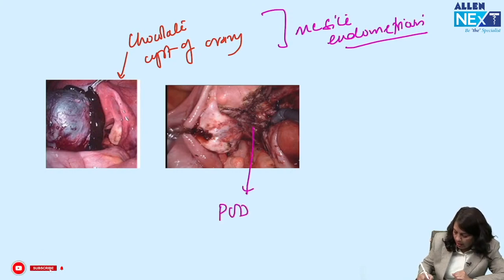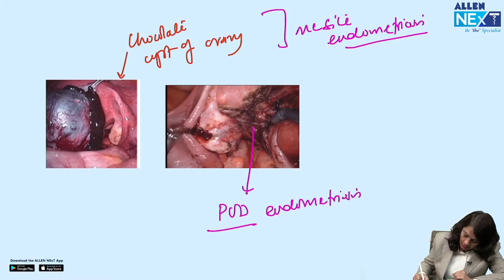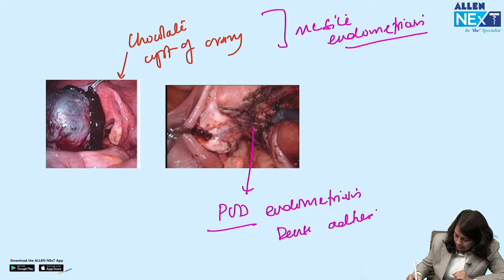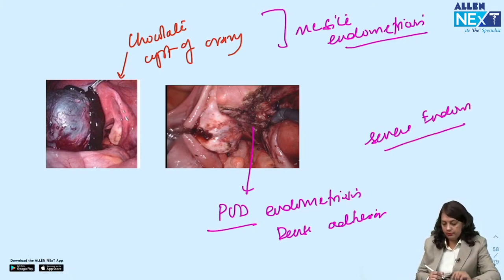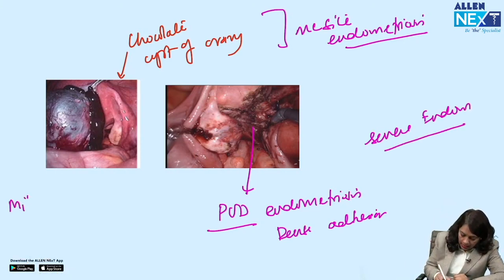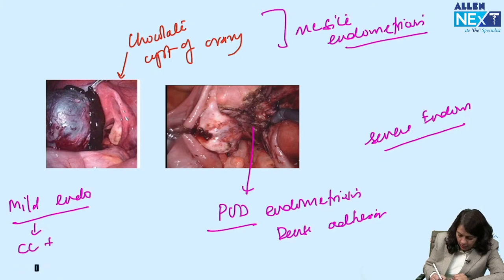This is pouch of Douglas endometriosis, and I can see dense adhesions. So this is a severe form of endometriosis. ठीक है. In mild endometriosis, the treatment of infertility is clomiphene citrate plus IUI.